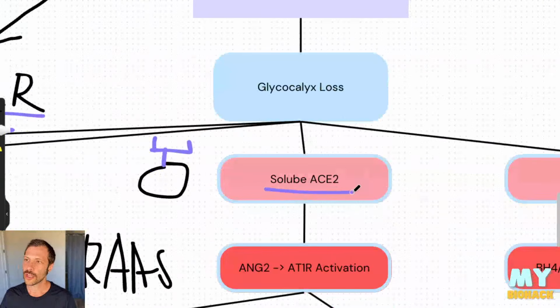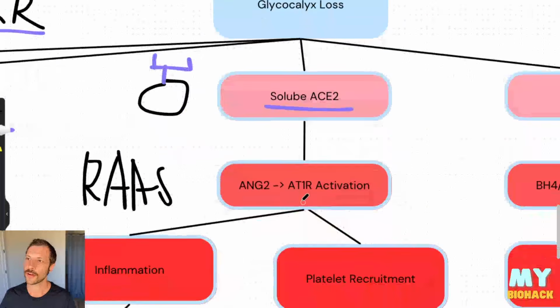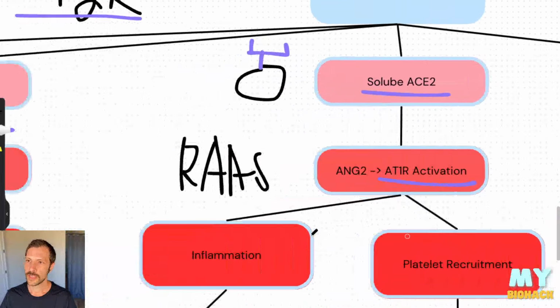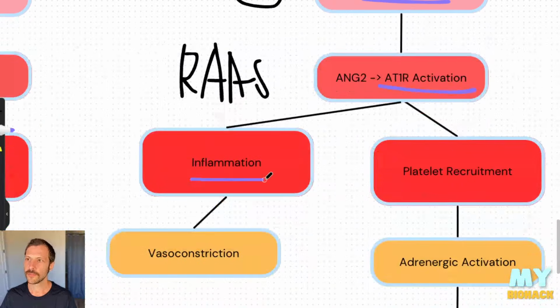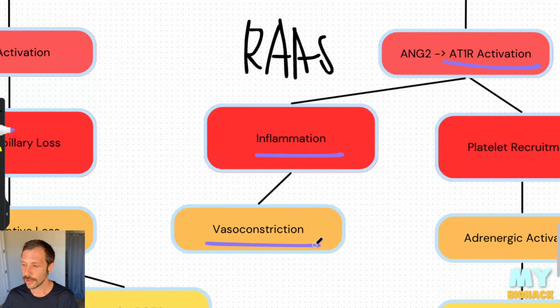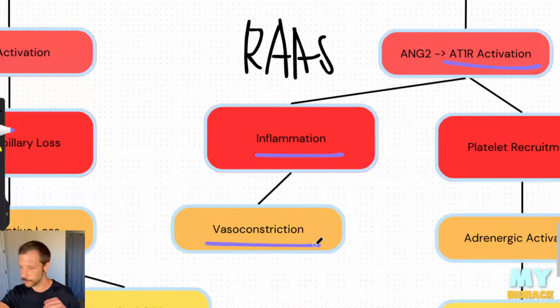So you get soluble ACE2 that activates angiotensin 1. Like we said before, that causes inflammation and also vasoconstriction. So your ability to breathe becomes a lot harder. Your veins seem to be popping out and smaller at the same time. Like you've got a lot of blue veins on you.